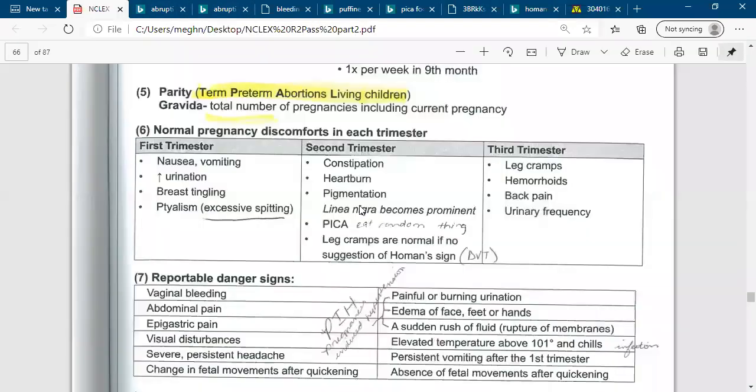And also in the last trimester, a mother can complain of back pain. If a mother complains of back pain, as an RN or LPN, we have to teach them to maintain good posture.